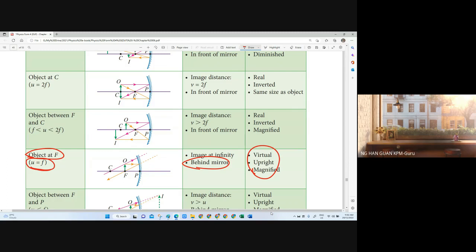Somehow this is wrong. But SPM, we cannot expect the questions to be perfect. Every year has errors, sorry to say so, even the latest SPM 2021. Later I will show you SPM 2021 and the big errors in the questions.